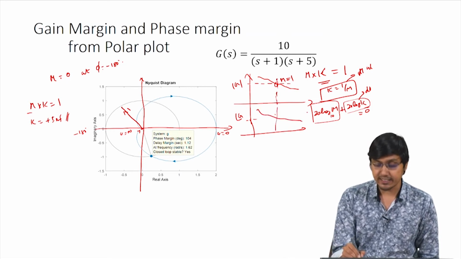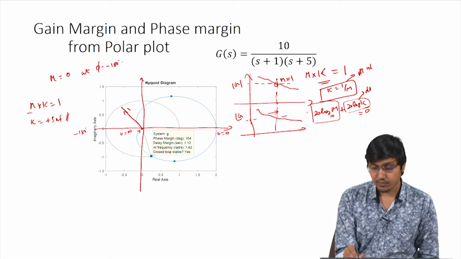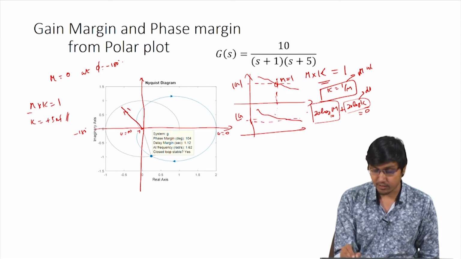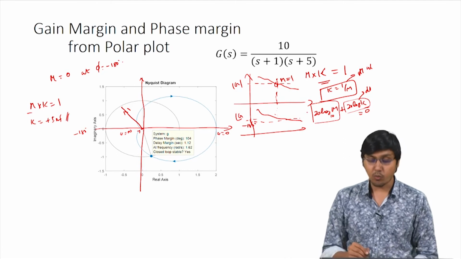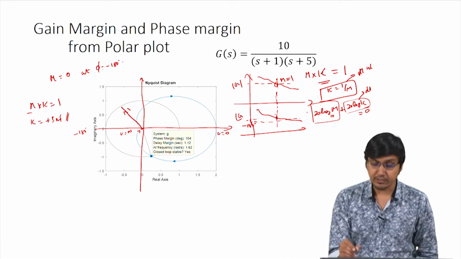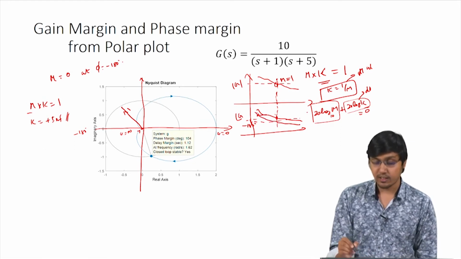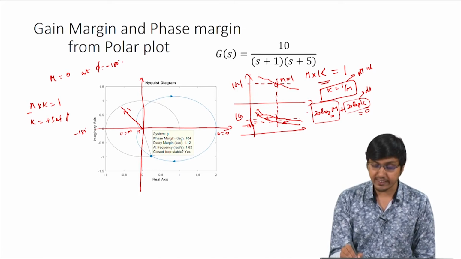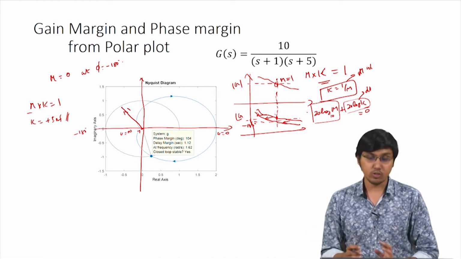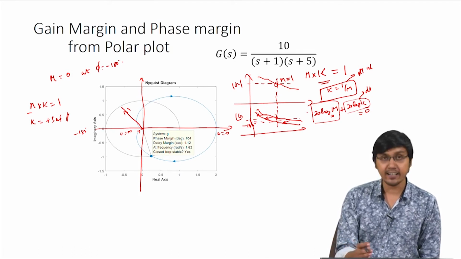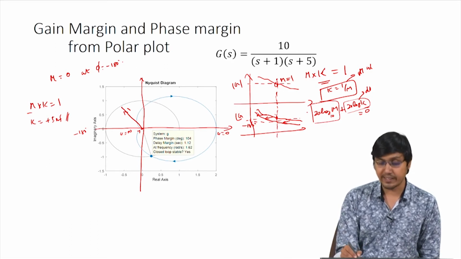What is the shift I have to do in this phase plot, the minus 180 degree line, so that this system will become unstable? The angle at which M was 1 has to become minus 180 degree.